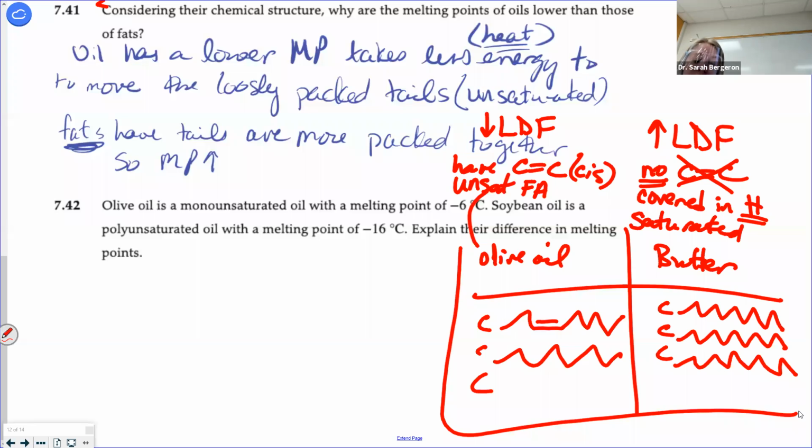So explain their difference in melting points. Well, tell me what has to be true. Talk about carbon-carbon double bonds. Which one do you think has more carbon-carbon double bonds? Let's not even pick which one. Let's say blank has more carbon-carbon double bonds. What does that tell you about the molecule?